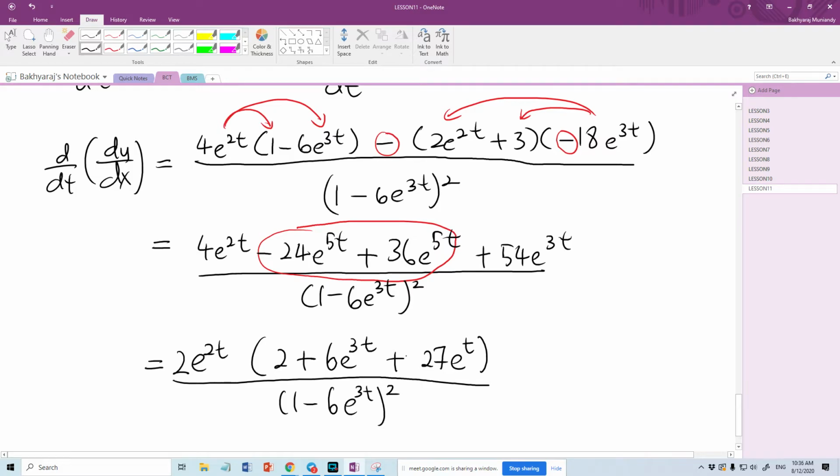Okay, I think we can't go any more steps anymore. This is the last step I think, because you can't simplify the thing, so I think we stop here. So this is our last answer. So this is what we have for d over dt for dy dx.